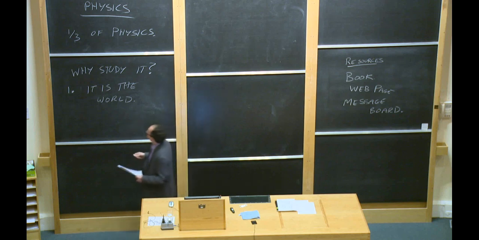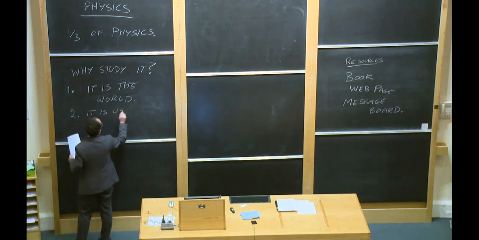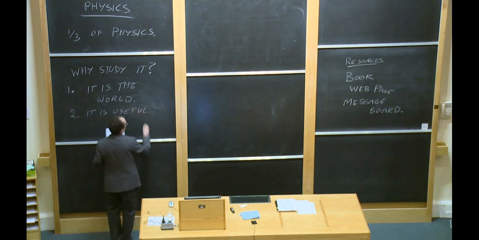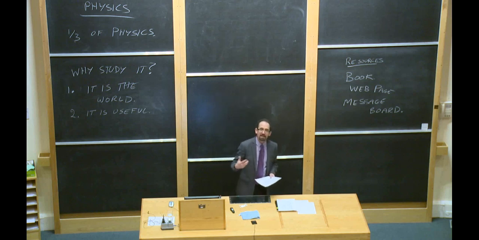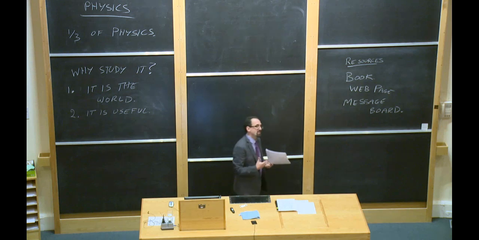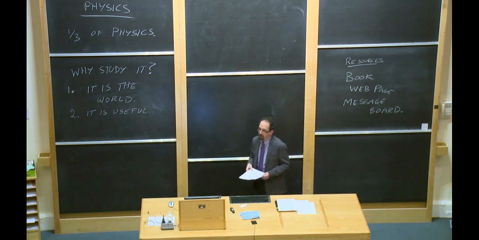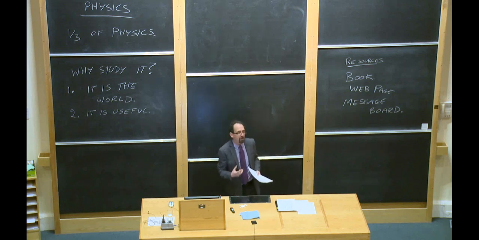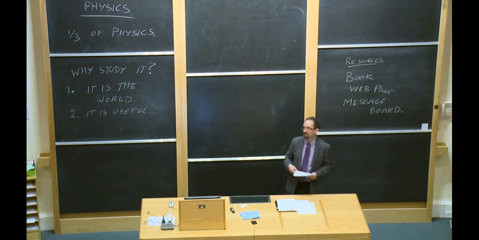Reason two, it is useful. Condensed matter physics is by far the most technologically and industrially important field of physics. We as humans and we as scientists and we as condensed matter physicists over the last 150 years have come to an incredible control over the materials and the stuff in the world around us.